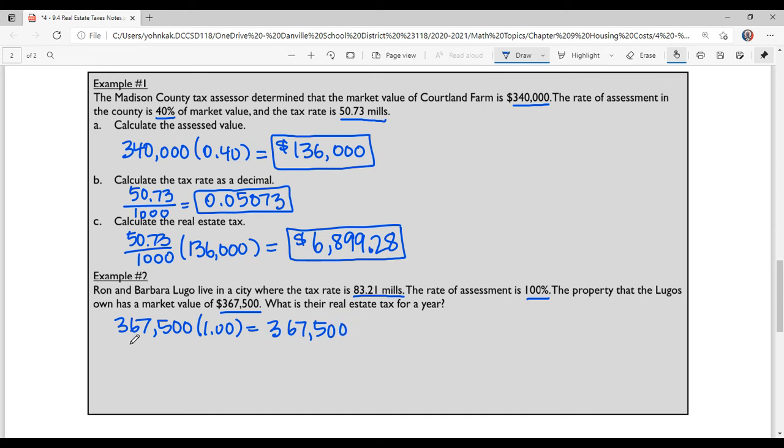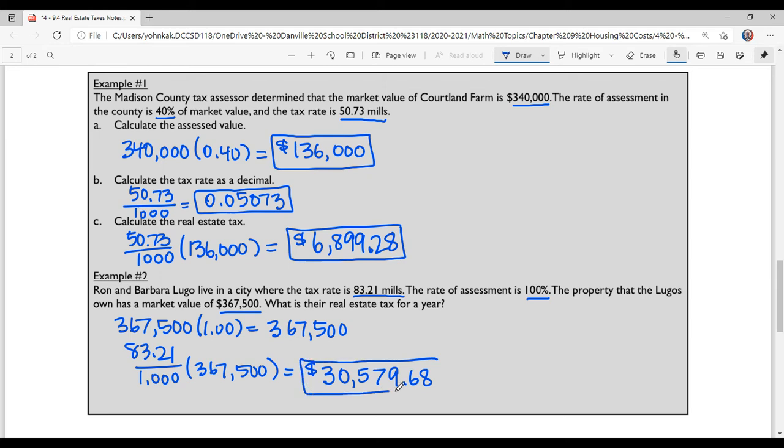Then to find the actual real estate taxes, you take the tax rate, 83.21, divide by 1,000, and multiply by the assessed value, 367,500. This comes out to a yearly tax of $30,579.68.